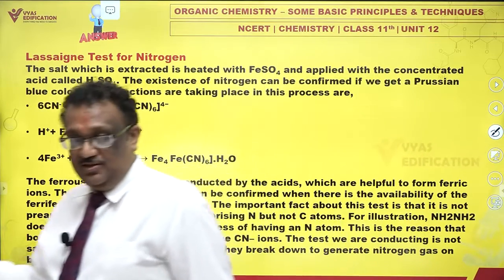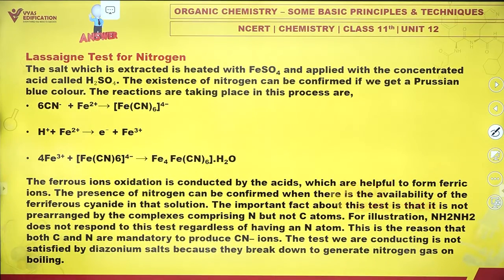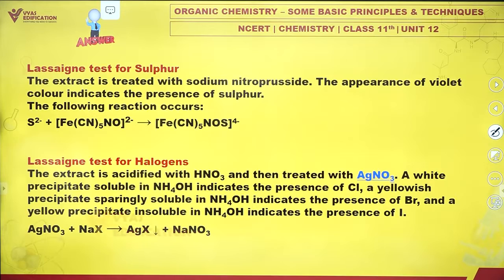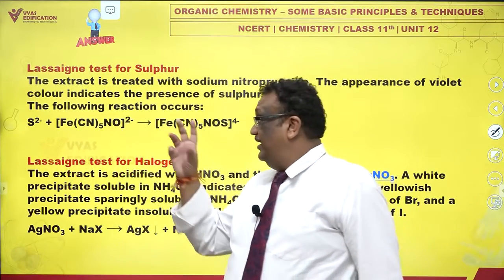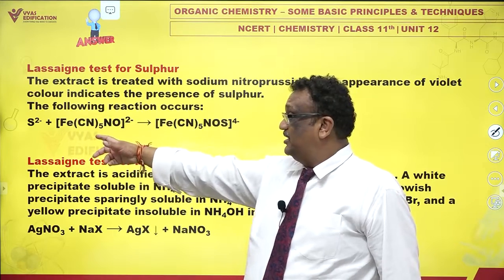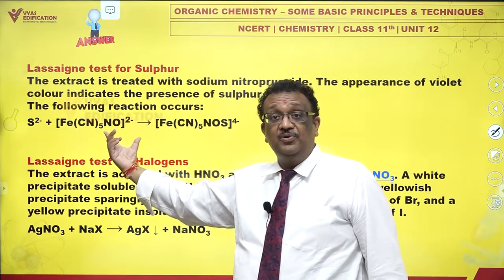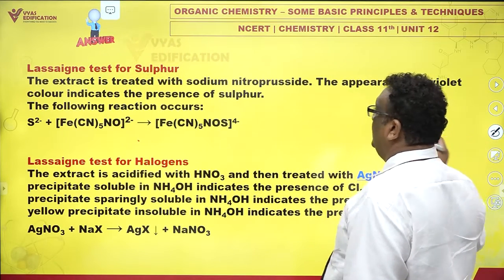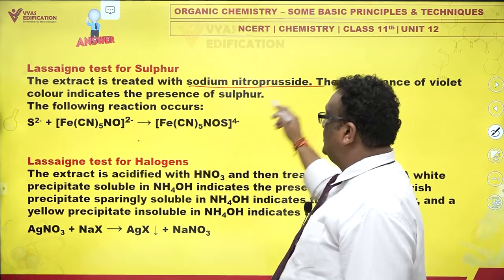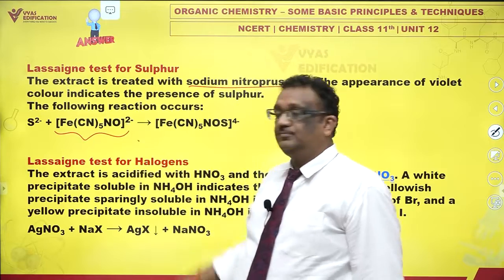Let me move aside, just take a look at the reaction written here. You could note that down. This is the Lassaigne's test for nitrogen. What about sulfur? Sulfur would be forming sulphide ions. Sulphide ions can be tested with sodium nitroprusside. This is the nitroprusside ion.